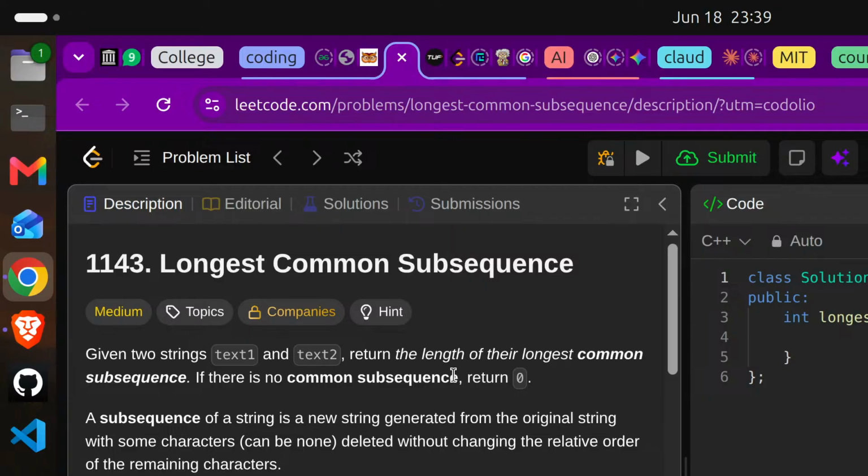M minus 1 comma M minus 1 like this. Whatever. I don't know. Return.